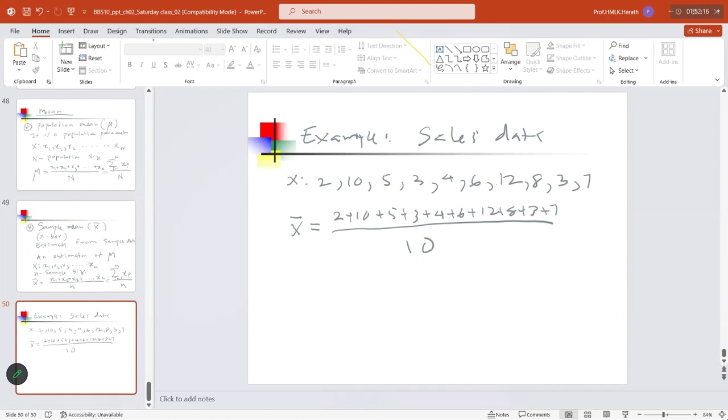That is 60 divided by 10, which equals 6. So this is the sample mean of the sales data.